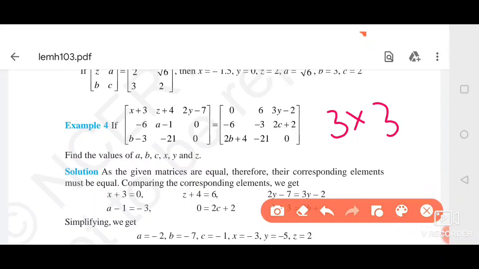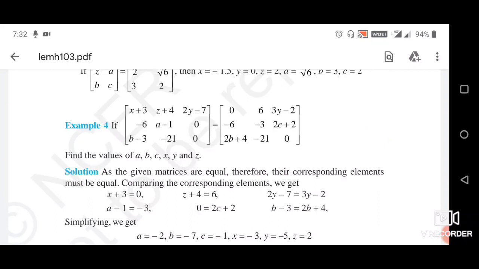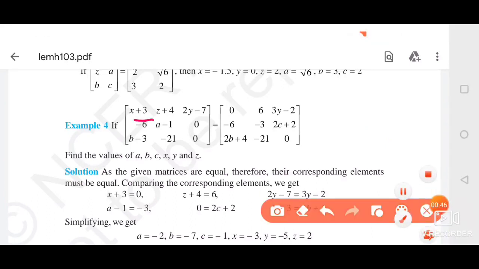So our first condition is already satisfied. To satisfy the second condition, we have to compare the corresponding elements of the matrices. So x plus 3 corresponds to 0. So from here we can find x is equal to minus 3.